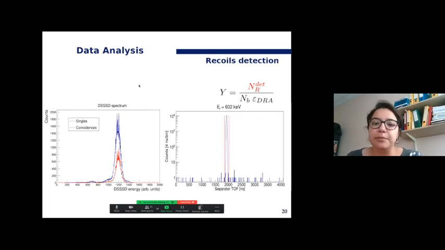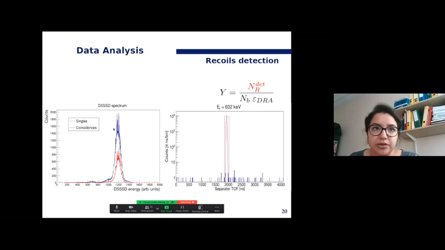Then we measure the number of detected recoils by looking at the DSSD spectra. We can deduce the number of phosphorus-31 recoils lying within the peak of expected energy. And by gating on the correct time of flight of the separator, so the time of flight between the head and the tail, we can have the number of recoils detected in coincidence with gamma ray events.